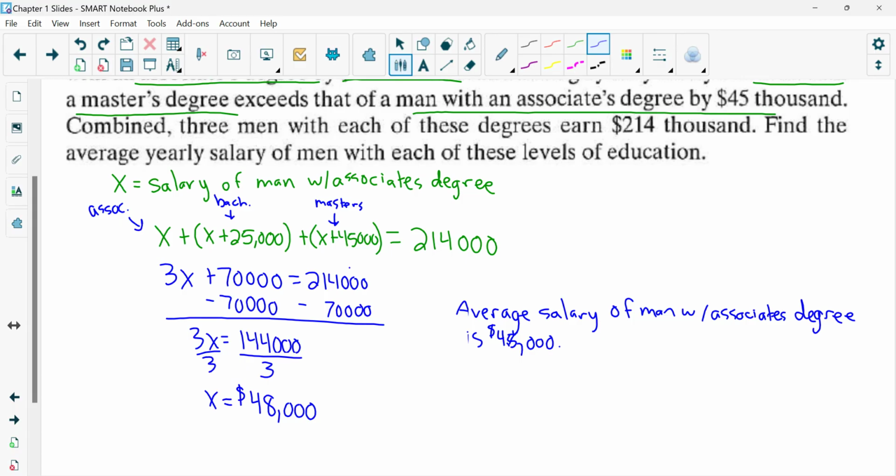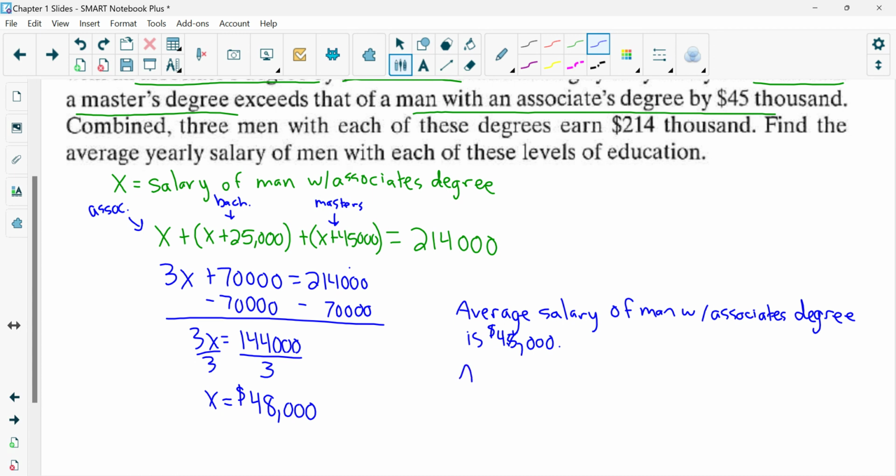All right, then to get the average salary for a bachelor's, we have to take that 48,000 and do what with it? How do I find the bachelor's degree salary? Add 25,000 to that.